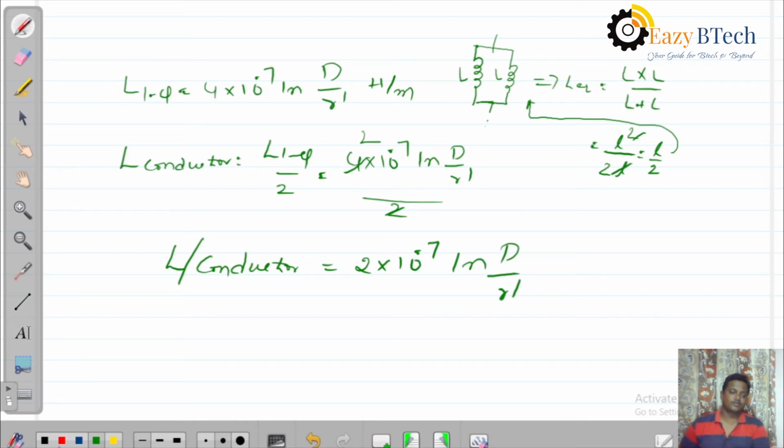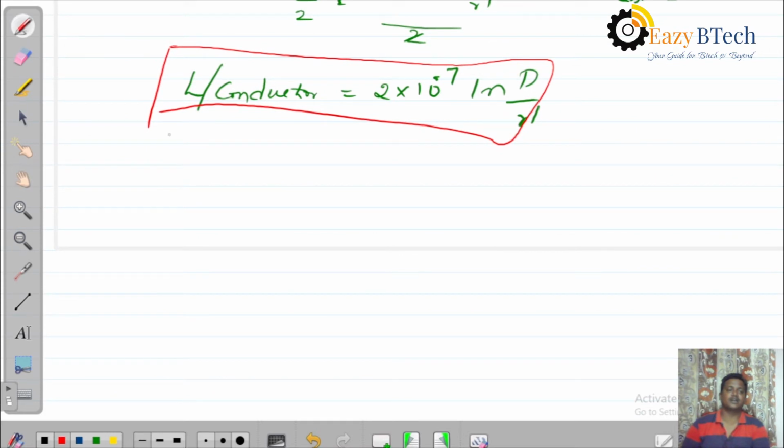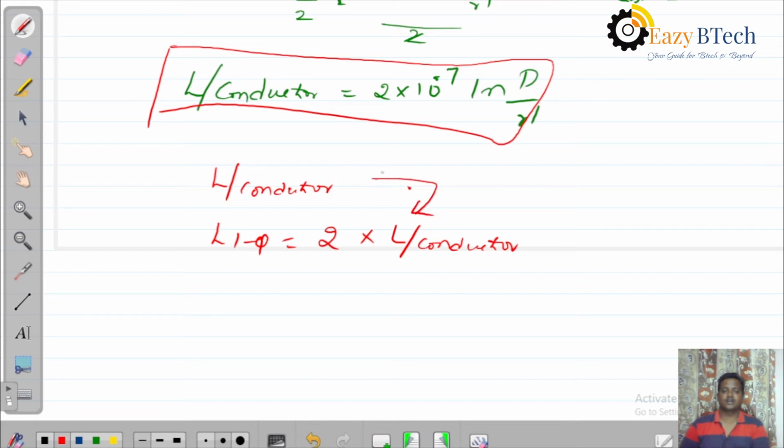From this derivation, if you know the inductance per conductor, from that we can calculate single phase inductance by multiplying inductance per conductor with 2. This is the relationship between inductance per conductor and single phase system.